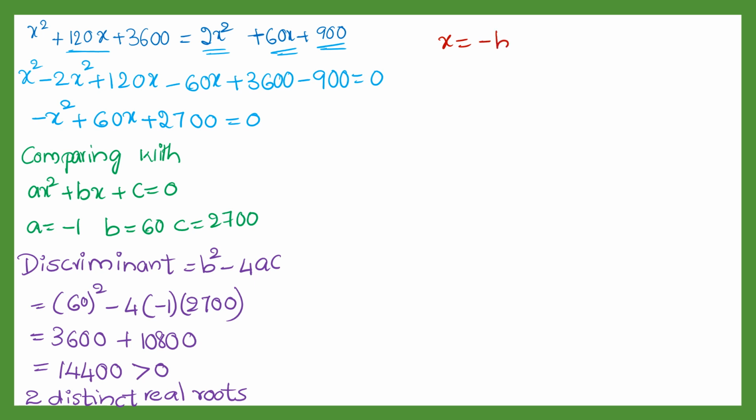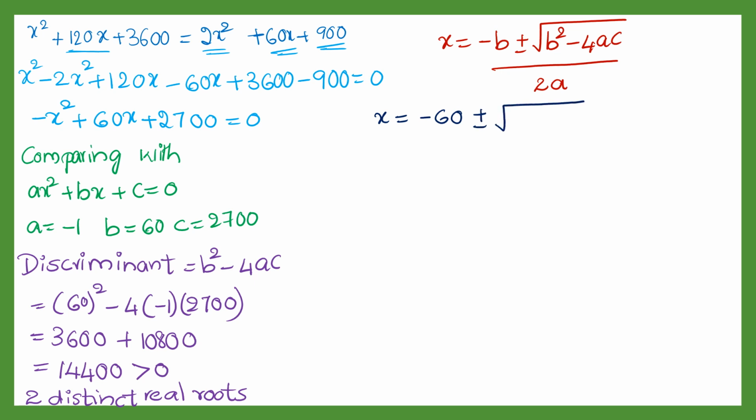x is equal to minus b plus or minus root of b squared minus 4ac, by 2a. We'll substitute the values. x is equal to minus b, which means minus 60, plus or minus root of b squared minus 4ac, which we already found: 14,400, by 2a. a is minus 1.